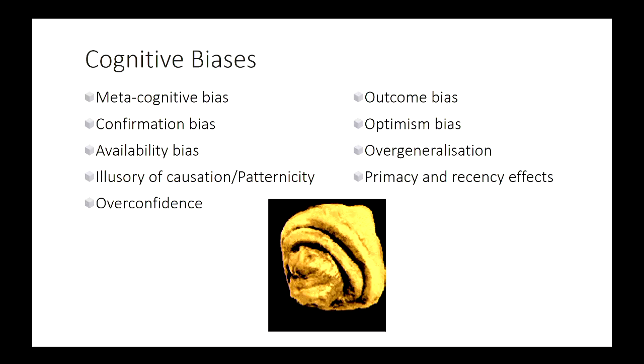A particular instance of that is the problem where people who have, let's say, lower thinking skills are more likely to think that they have high thinking skills.